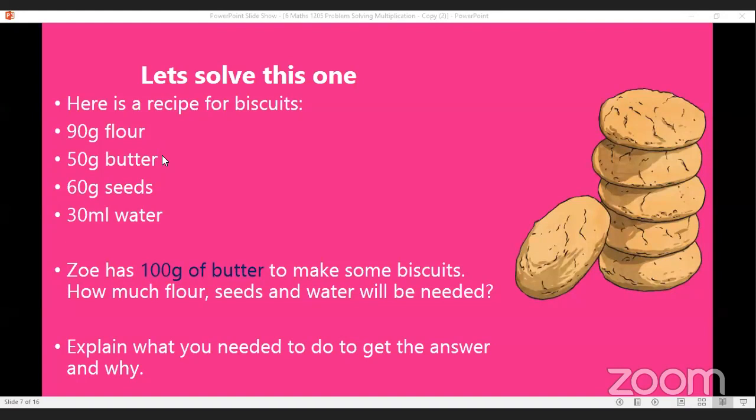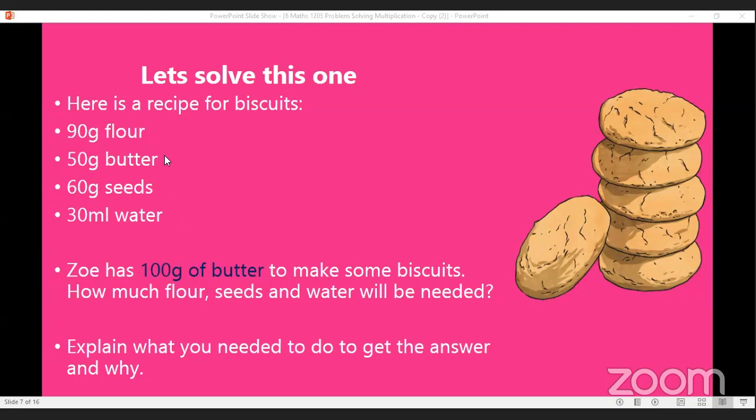Tafika, let's check, my dear. The butter needed was 50 grams, and then you have 100 grams of butter. So to move from 50 to 100, what happened? Also think about what we did yesterday and in the beginning of the lesson. We did halving and doubling. Yes, thank you.